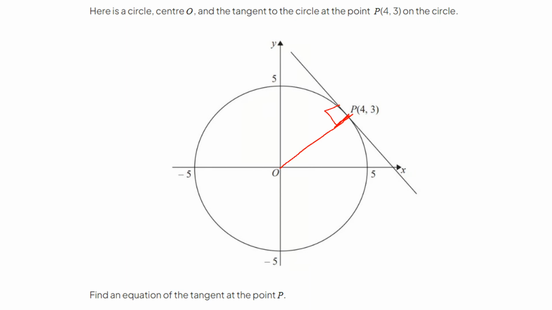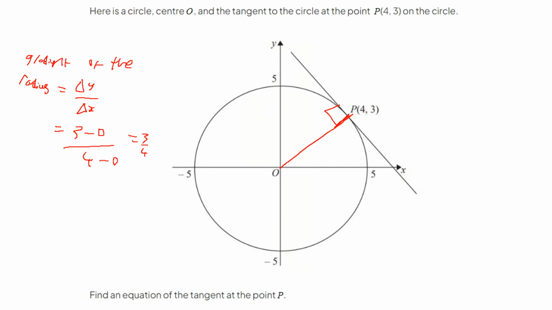So, what we need to do then is we need to work out the gradient of the radius. The gradient of the radius is simply going to be delta y over delta x, which is, I mean, we have a 4 and a 3, so it's going to be 3 minus 0 over 4 minus 0, which is simply going to be 3/4. Yeah?